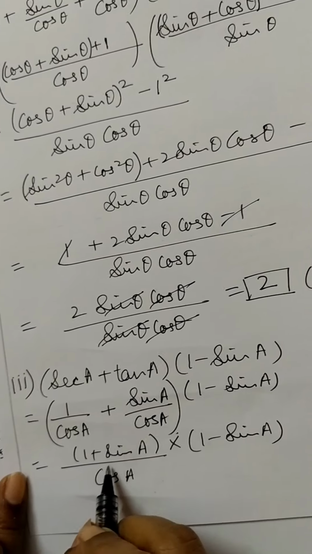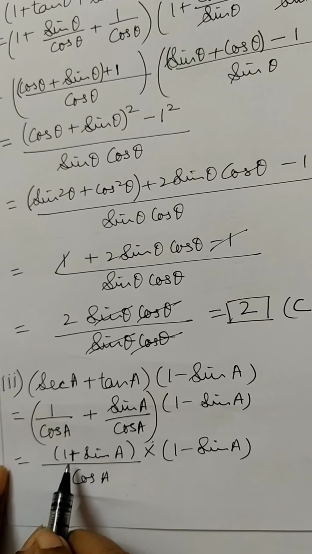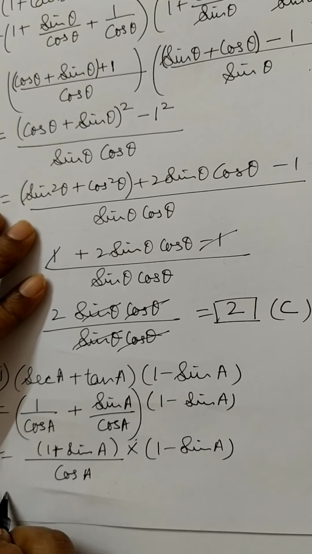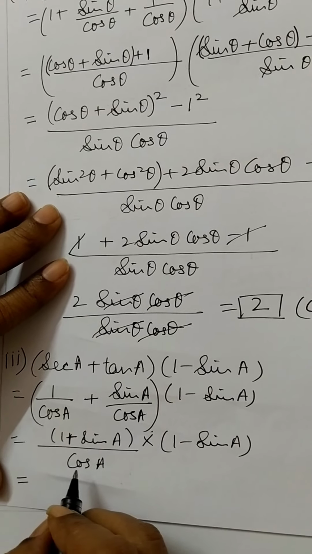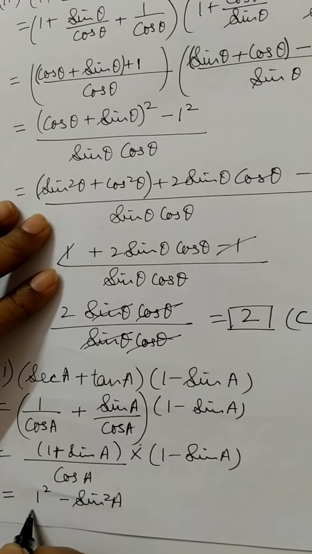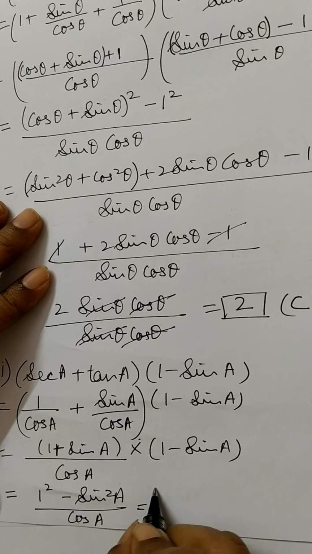Now you can see in numerator we are getting, which form we are getting? A plus B into A minus B. So we can use A square minus B square and it will be 1 square minus sin square A upon cos A. So 1 minus sin square A is what?